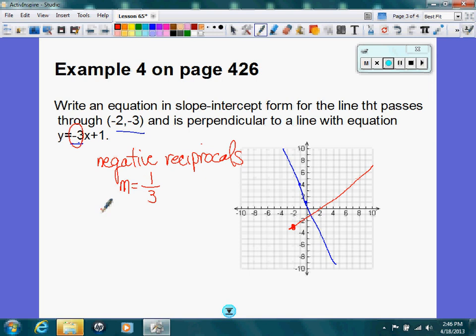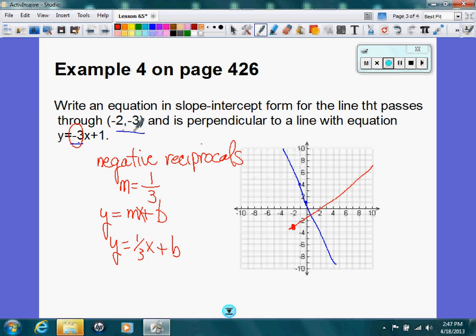So we can use our slope-intercept form, y equals mx plus b, to find our new equation. So y is equal to 1/3 x plus b, and now we need to find out what b is. The way we do that is put in the coordinates of the point that the new line passes through.